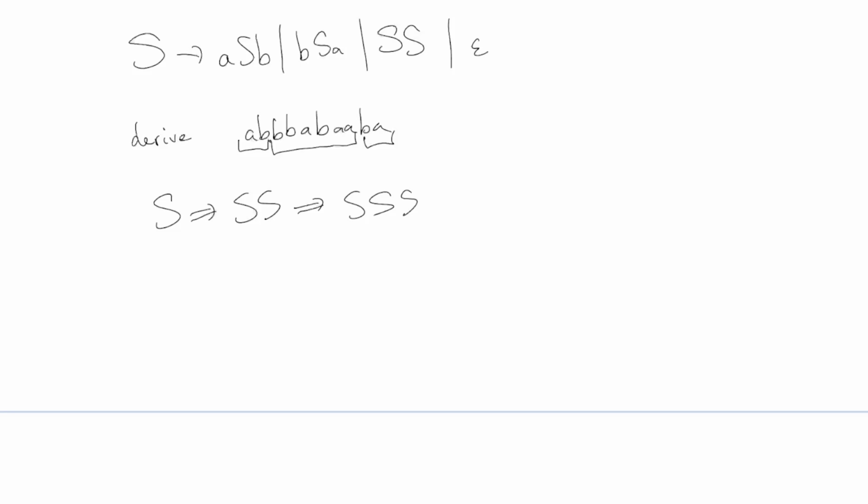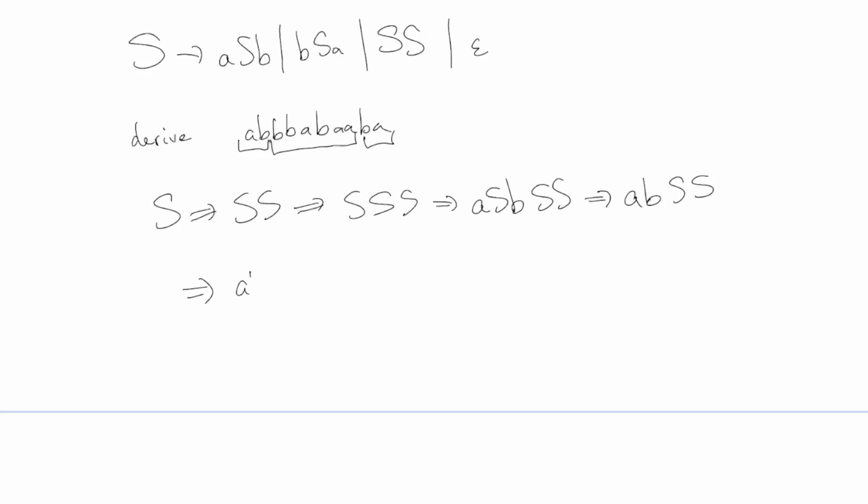So the first S goes to ASB, and then SS, and then that first S there now becomes the empty string. So I get ABSS. So now I've made the AB at the beginning, and now we can continue to make the thing in the middle there, BBA, BAA, by doing those first two rules in some order. I'll do the B one first.